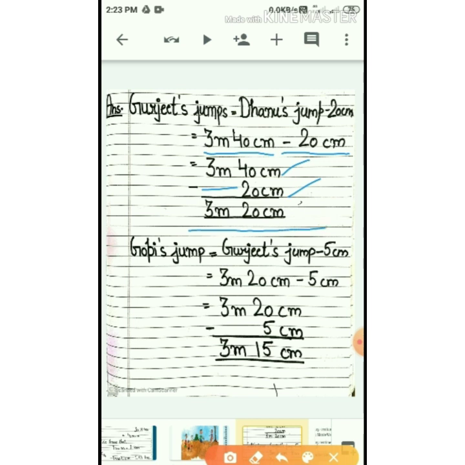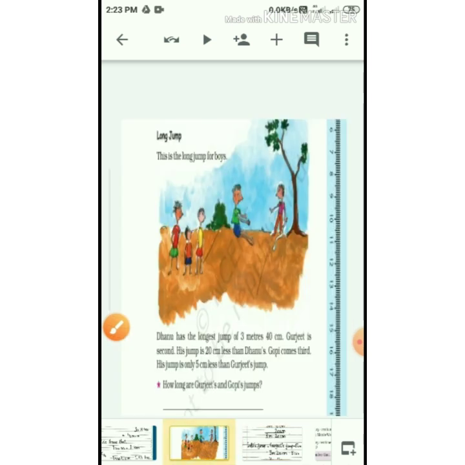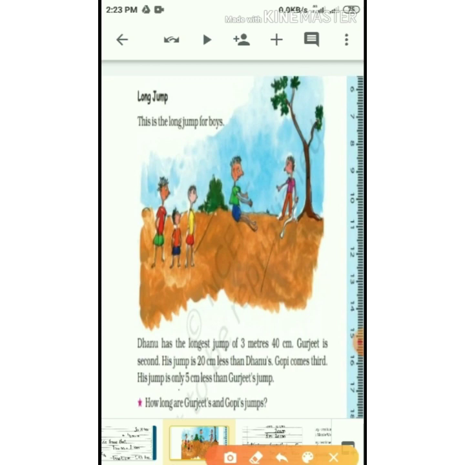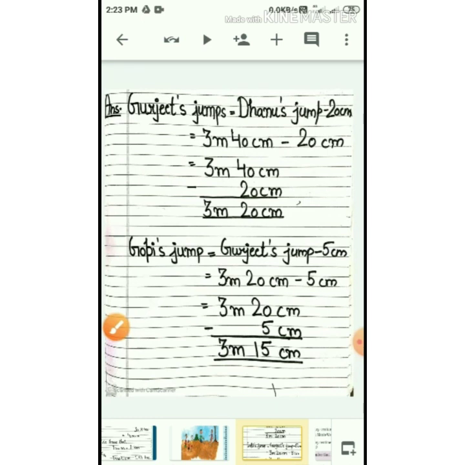Okay, class? Now Gopi's jump. It is given that Gopi's jump is 5 centimeter less than Gurjeet's jump. 5 centimeter less means we have to subtract 5 centimeter from Gurjeet's jump. So Gurjeet's jump is 3 meter 20 centimeter minus 5 centimeter.